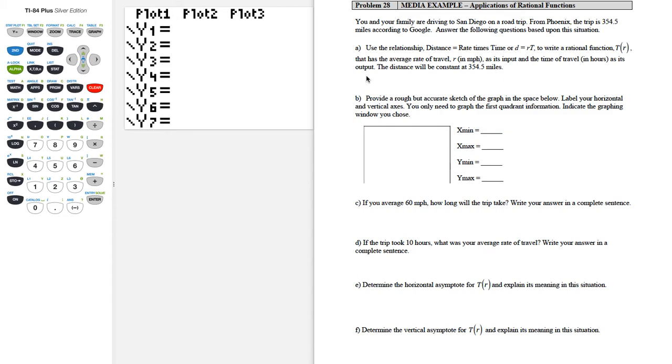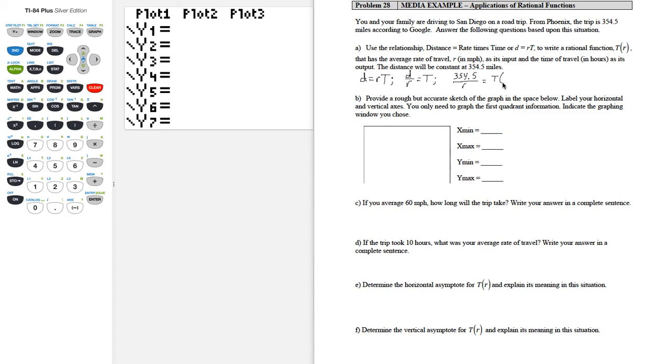So what I'm going to do first is take this equation, d equals rt, and solve for t. I'm going to divide both sides by r. So d over r equals t. Then I'm going to substitute 354.5 miles for d. So 354.5 over r equals t.